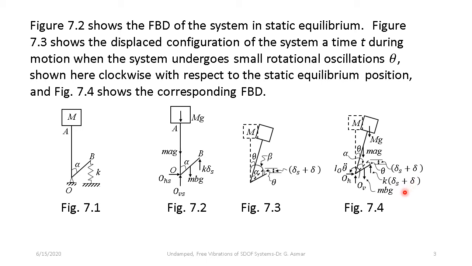And finally, we have the inertia term I-O theta double dot acting at point O opposite to the motion. Motion is clockwise by theta. Therefore, I-O theta double dot is counterclockwise at O, because later on we're going to be summing moments about the pin at O.